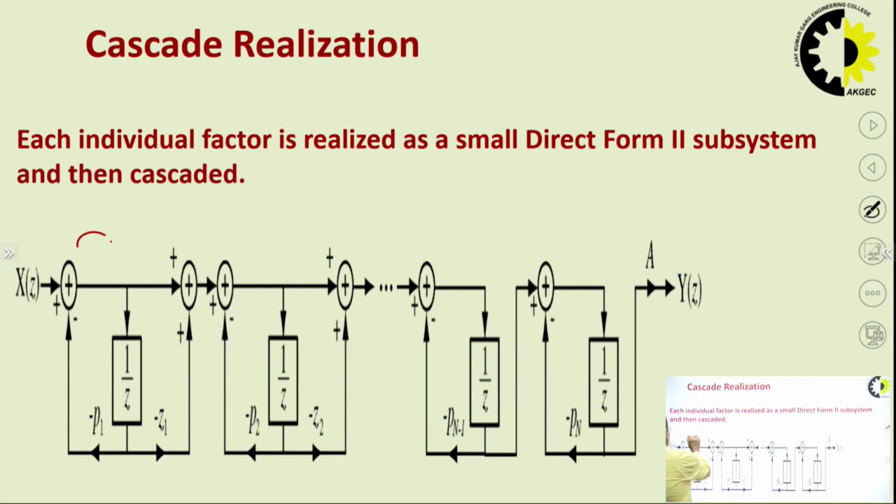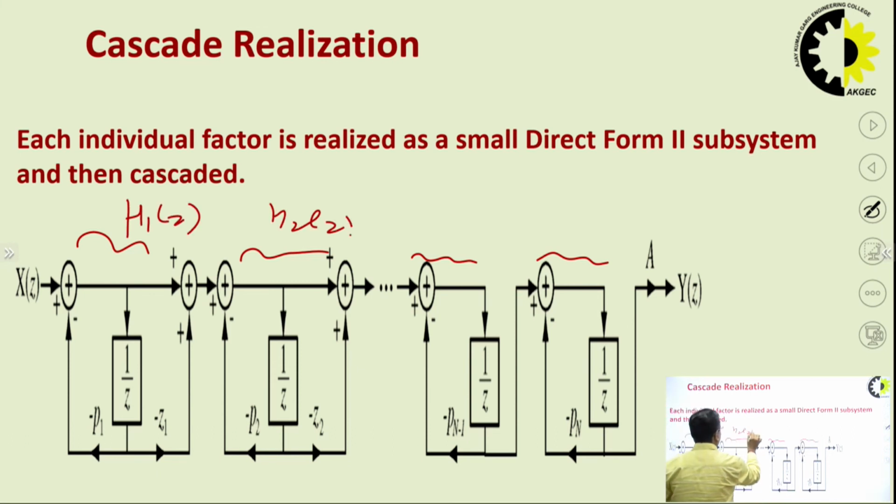So, this is our H1Z, this is our H2Z, this is H3Z, H4Z, etc. So, H of Z I am splitting here. It will be H1Z, H2Z, H3Z and so on. And individually this H1Z, H2Z, H3Z, we are realizing either using direct form 1 or direct form 2.